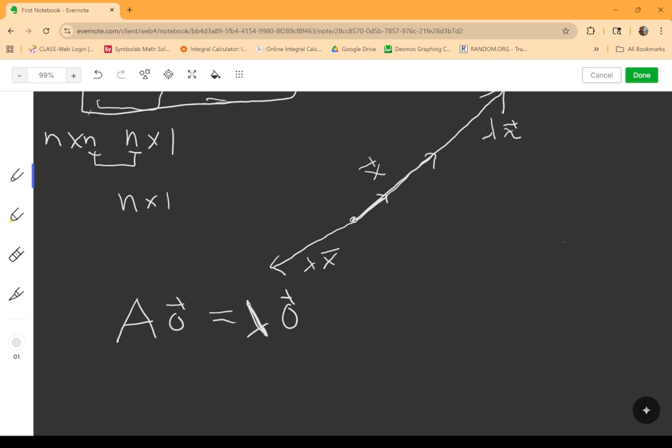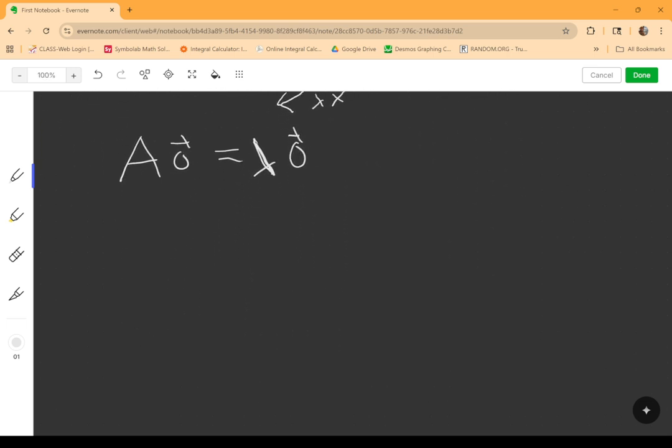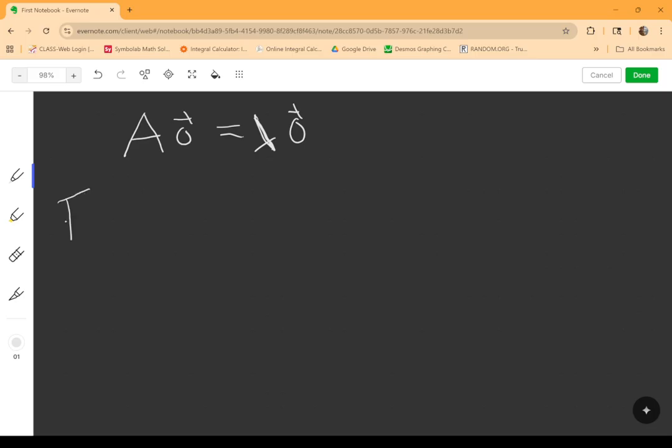So the question over the next couple of videos is, how do we find these eigenvalues? That's what we're going to be focusing on, this idea of finding eigenvalues.